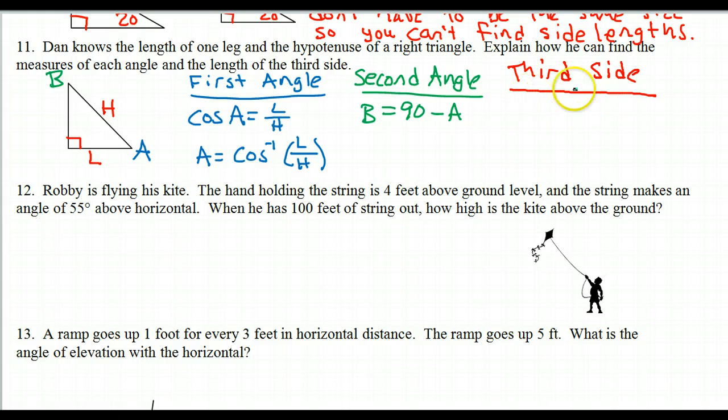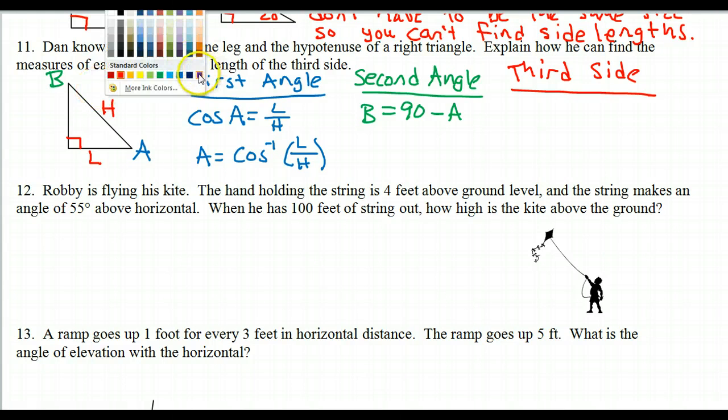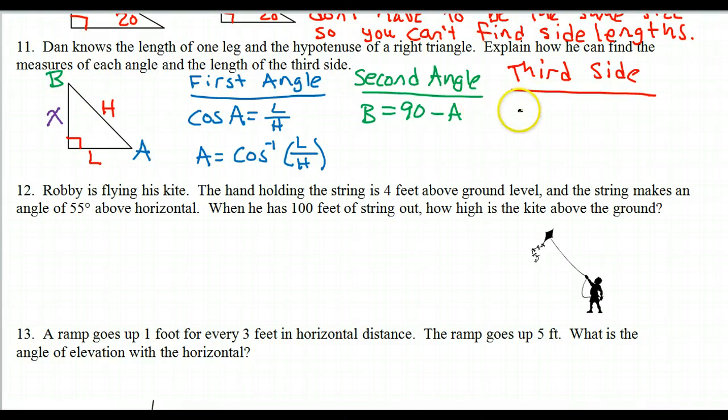Okay, for the third side, he could just use the Pythagorean Theorem. If we call this third side x, then we would just do x squared plus L squared is equal to H squared.